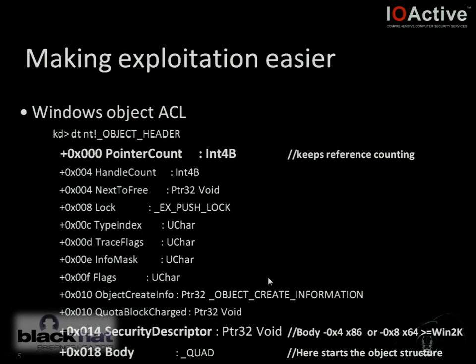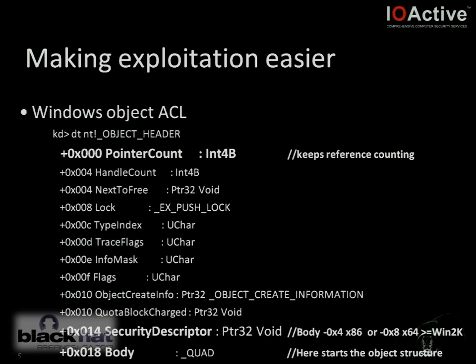Since Windows 2K, maybe since NT, you just have to subtract 4 or 8, depending on the architecture, and you end up at this pointer. And I found out if you write null there, you just remove the ACL, and the object becomes ACL free. So basically, for instance, if you get the LSASS process, which is a process that runs under the system account, you get the address of this pointer and just write null there, and instantly that process ends up without any ACL.